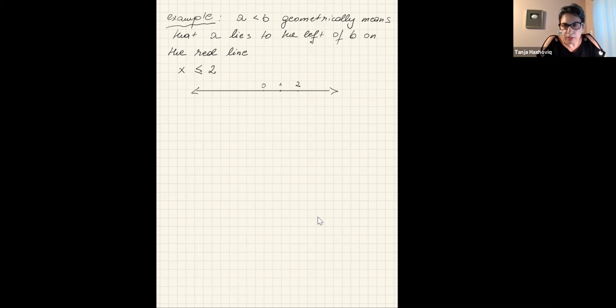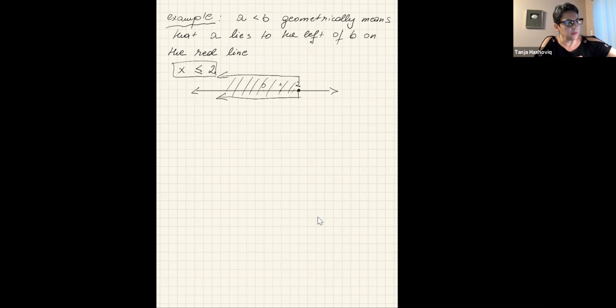This means all numbers that are less than or equal to 2. So this would mean that we're talking about all numbers that lie to the left of 2. So all numbers that lie to the left of 2, including number 2, are the numbers that are represented with this expression.